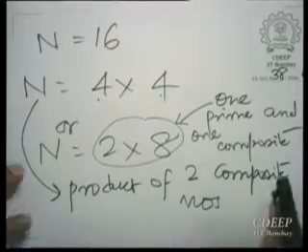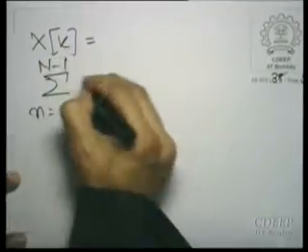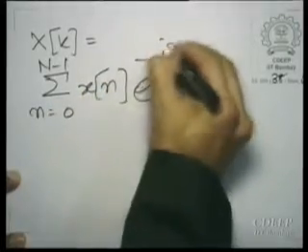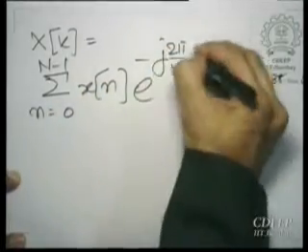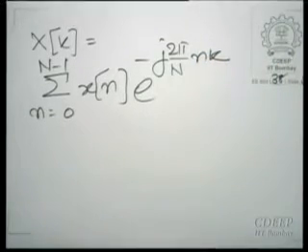So in general, if we decompose N equal to M times L, then we can write the discrete Fourier transform with N points as follows. Capital X of k is the summation n going from 0 to capital N minus 1 of x[n] e raised to the power minus j 2 pi by N times nk.